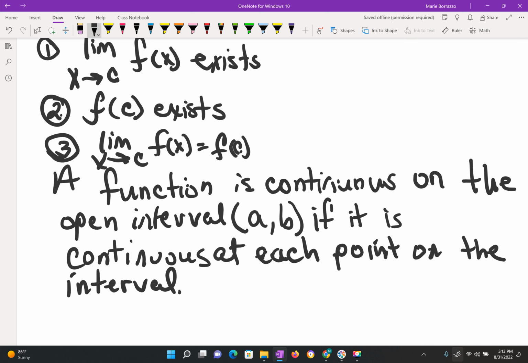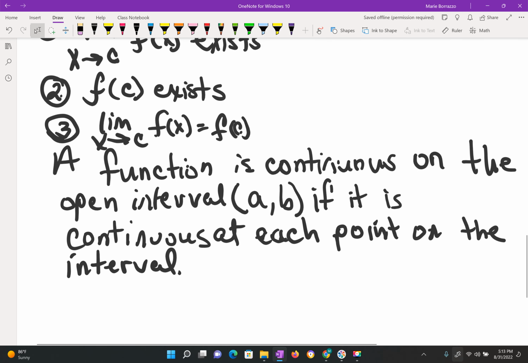So I'm going to show you four examples that are going to help you master this definition. So let's draw a picture together. And I need you to be accurate, so I'm going to call out specific coordinates.